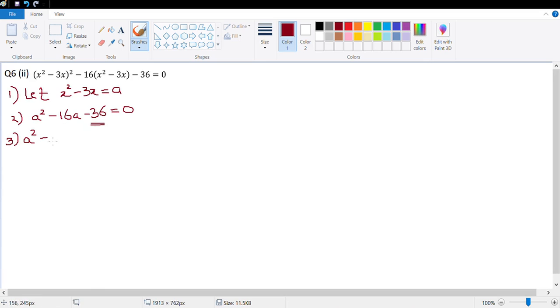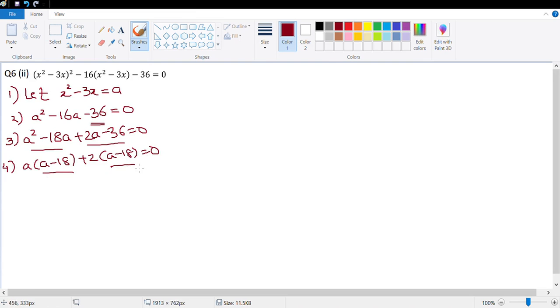So a square minus 18a plus 2a minus 36 is equal to 0. Grouping it the way I have underlined, a times a minus 18 plus 2 times a minus 18 is equal to 0. A minus 18 is common, which means a minus 18 times a plus 2 is equal to 0, which gives us a minus 18 is equal to 0, or a plus 2 is equal to 0.